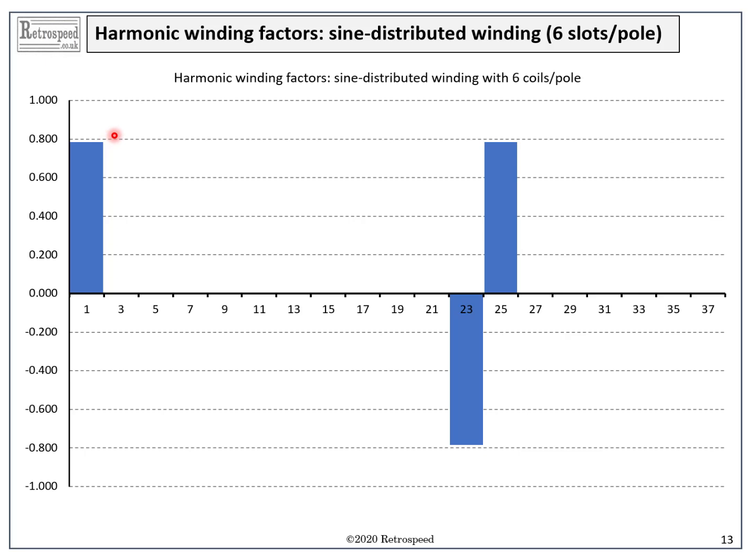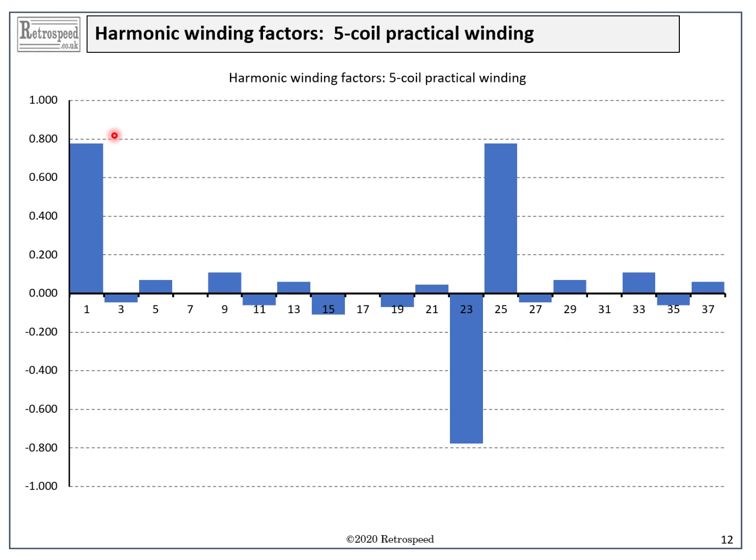Going back to the practical winding, we can see some small low-order harmonics. It's good that they're small, because each one of these, in principle, acts like a parasitic induction motor on the same shaft as the fundamental, and produces an asynchronous speed-torque characteristic having almost the same shape as the fundamental one, but centered on its own synchronous speed. This synchronous speed can be forwards or backwards, but it's always inversely proportional to the harmonic order.